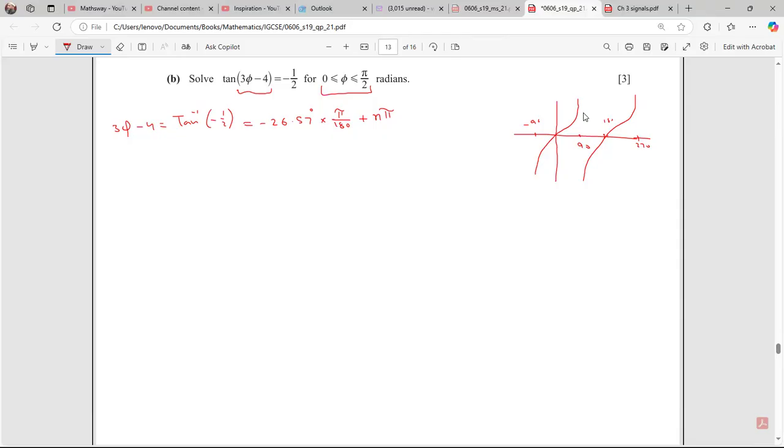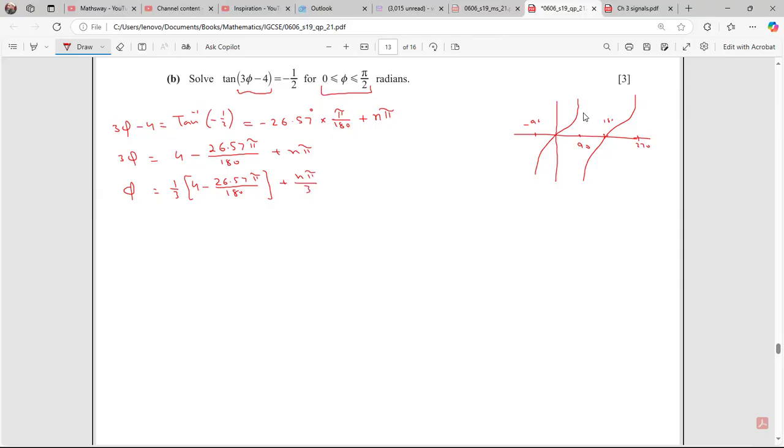Now everything is in radians here. Okay, so 3 phi would be equal to 4 plus, when it becomes positive, minus 26.57 pi over 180, plus n pi. If I divide it by 3, then phi would be equal to 1 by 3 times 4 minus 26.57 pi over 180, plus n pi by 3.